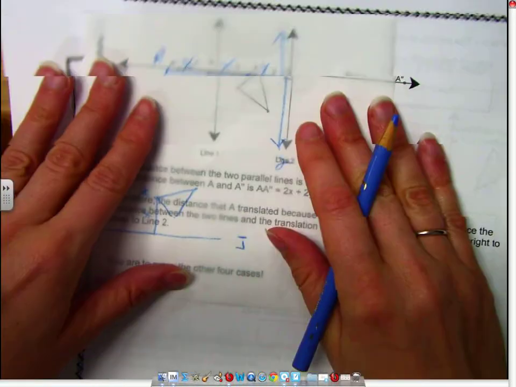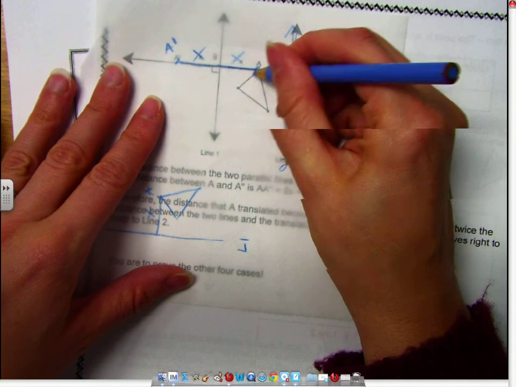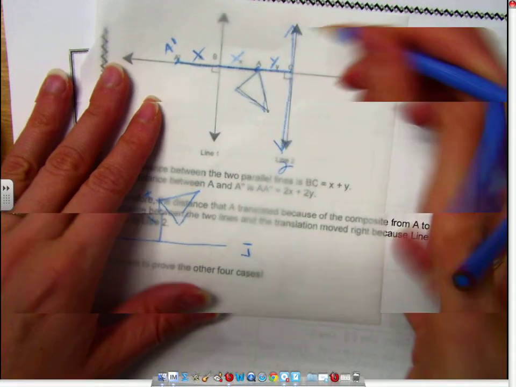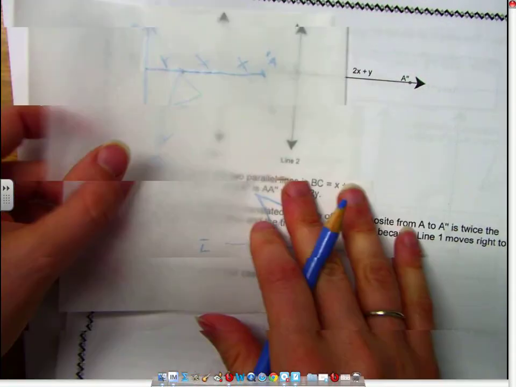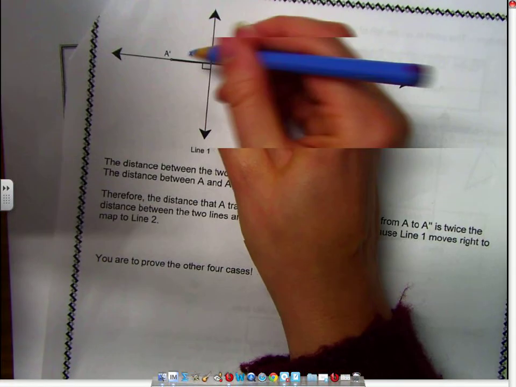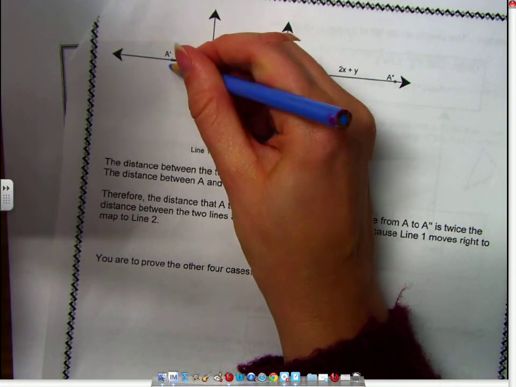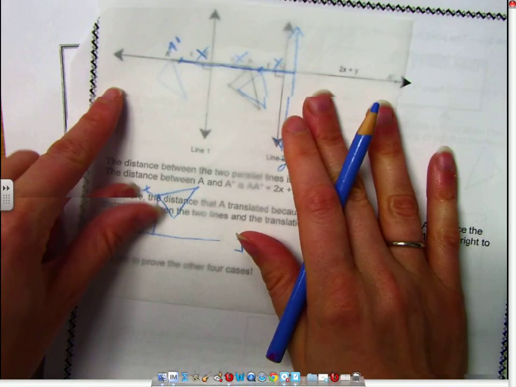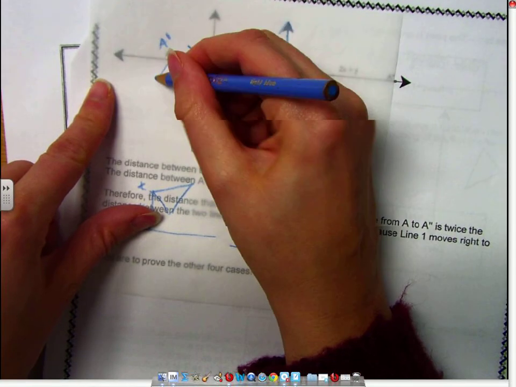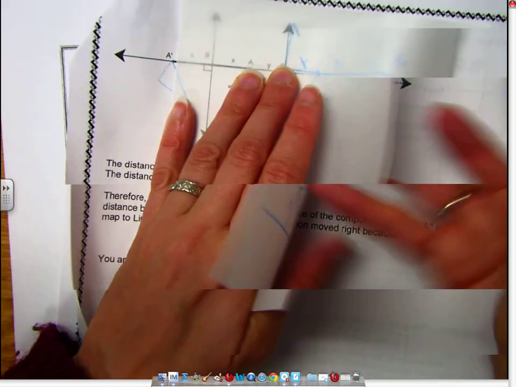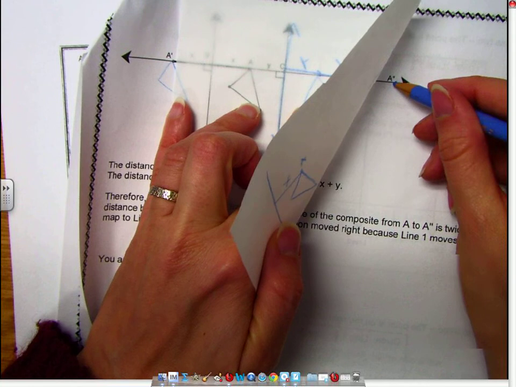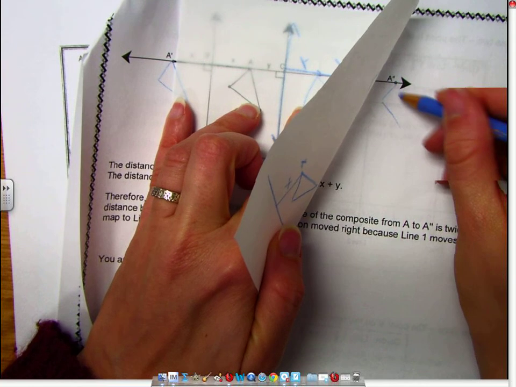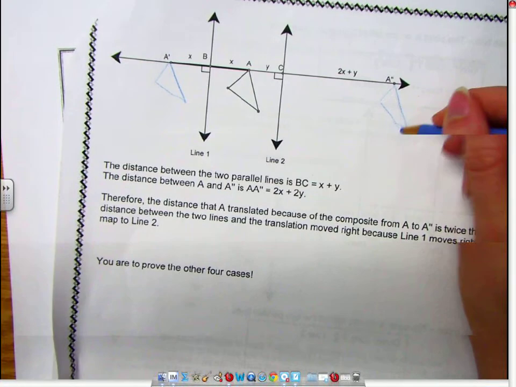If we were to mark the triangle, you know, we've reflected the triangle over here. Okay? And then we've taken that whole thing, reflected it all the way over here. That's my triangle all the way over there.